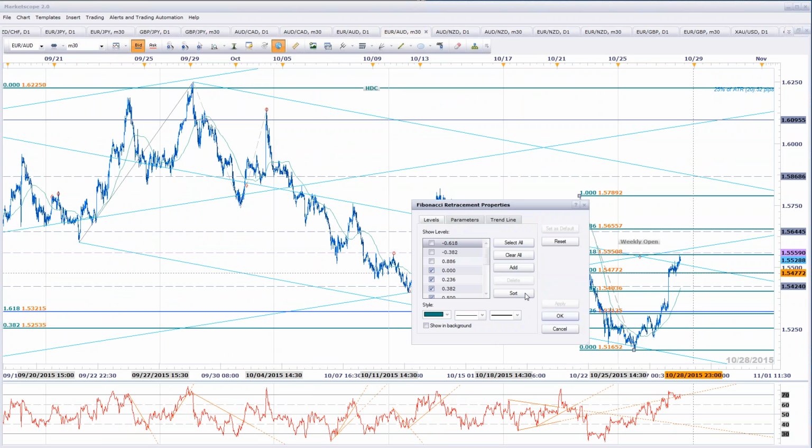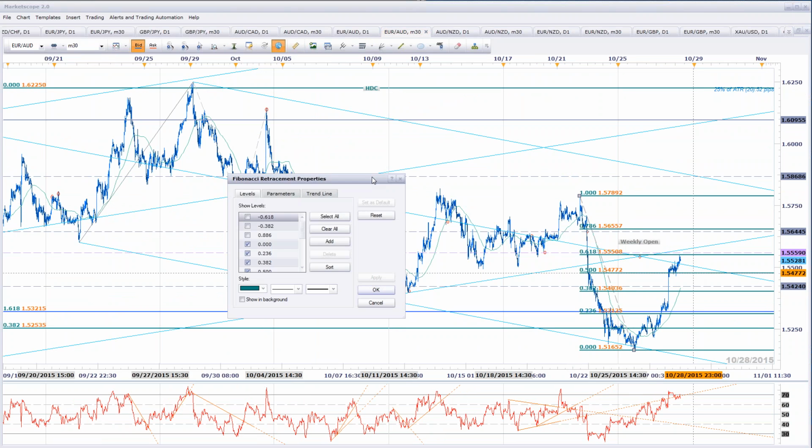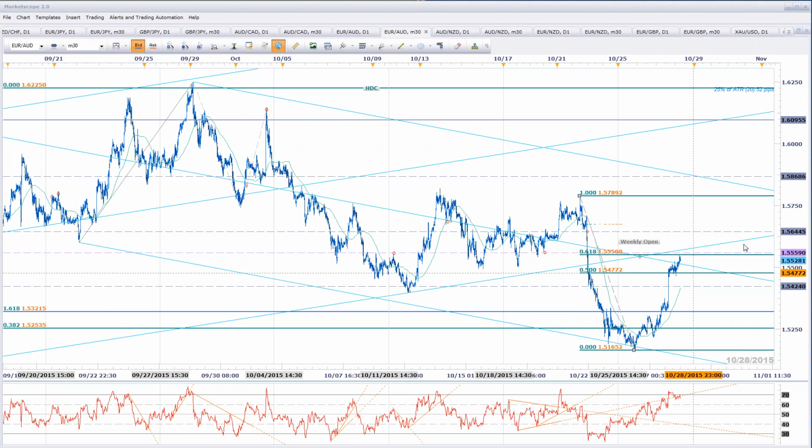From a scalping perspective or from an intraday perspective, actually we'll keep the 0. That's what I'd be looking at.